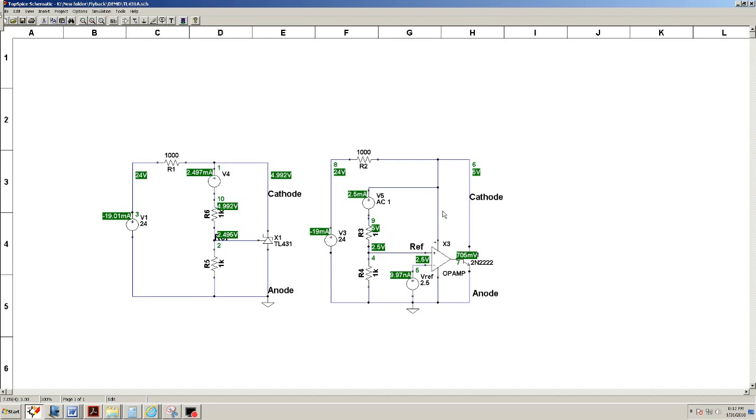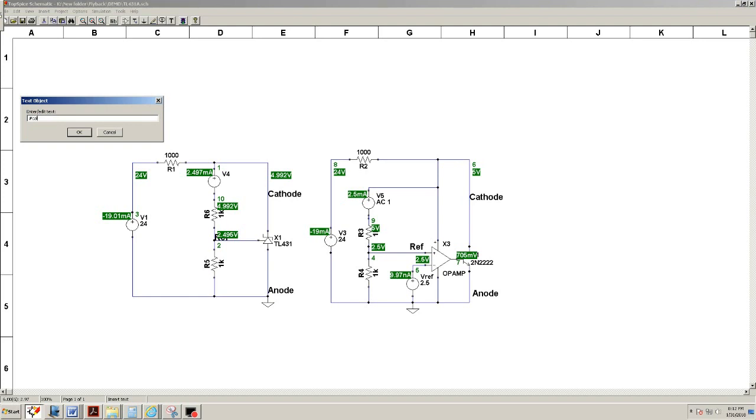In this case, here's the feedback loop, and what you do is you insert a voltage source, and I've inserted another voltage source here as well. Okay, so now we can go ahead and type the SPICE directive.